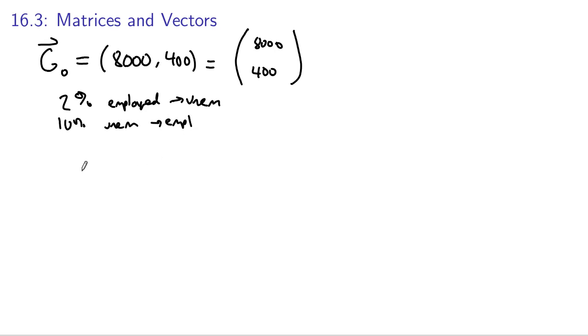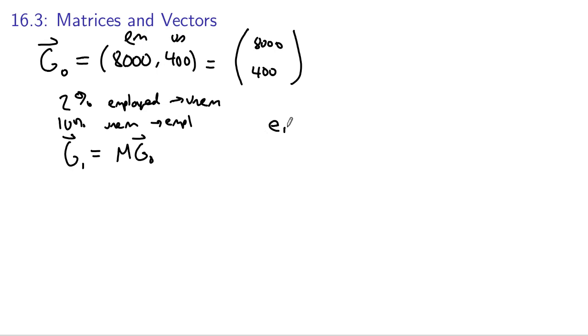Find a matrix M such that G1, the employment after year 1, is given by M times G0 equals G1. If we think of this as an equation, this vector means employed people and unemployed. I don't think it's explained very well.